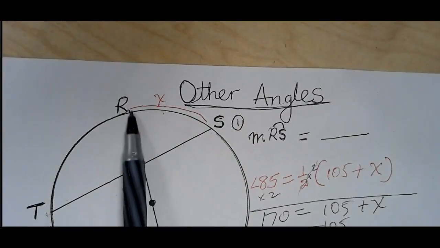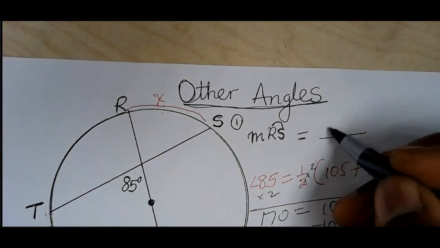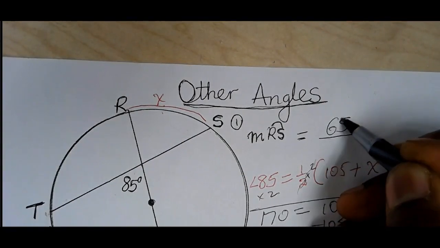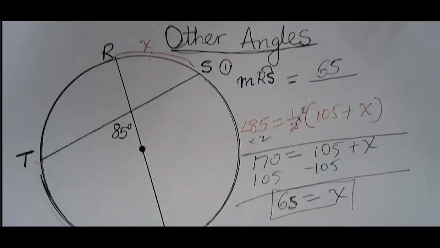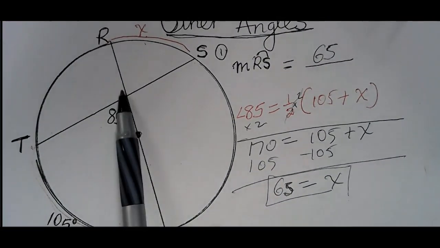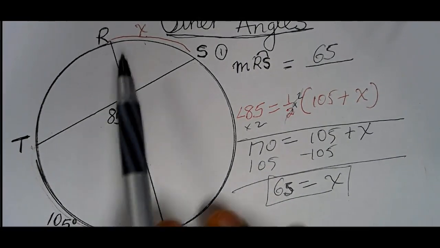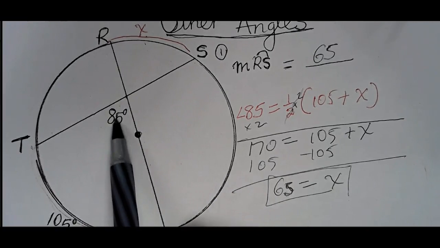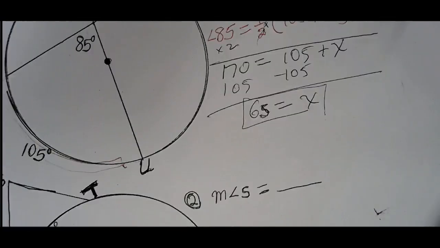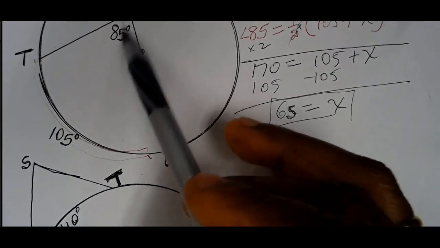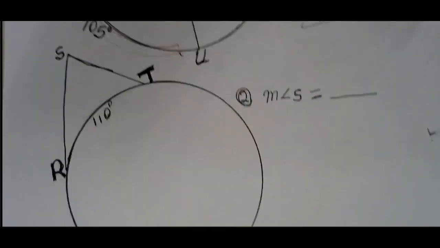That means the measure of RS is 65. Again, when it's inside the circle, not at the center, we add the arcs and take 1/2 of it, or divide by 2, to get the angle. Whether it's this side or this side, they are the same.